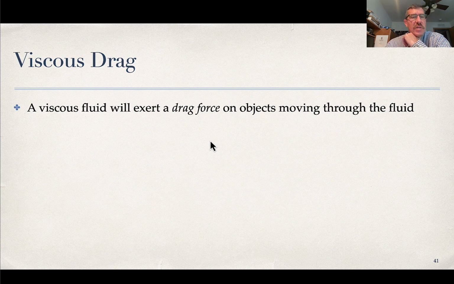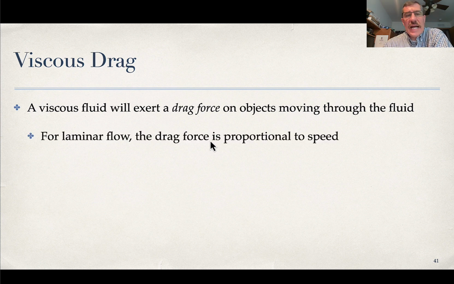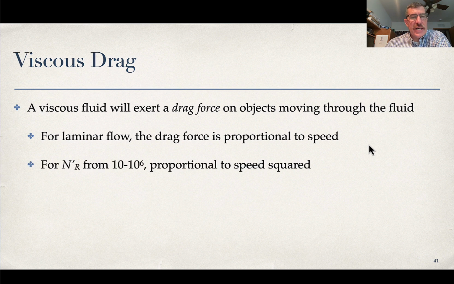But now that we know something about viscous fluids, we can calculate some of these drag forces. If we have laminar flow, the drag force is going to be proportional to the speed of the object. Or if the Reynolds number for the object flowing through the viscous fluid, this N prime, is from about 10 to about 1,000,000, then it's going to be proportional to the speed squared.